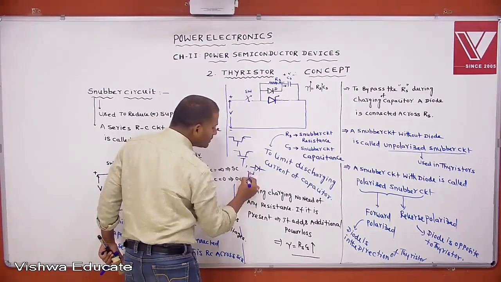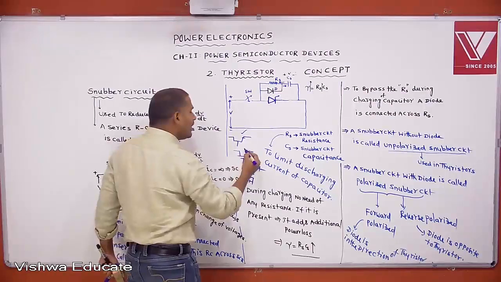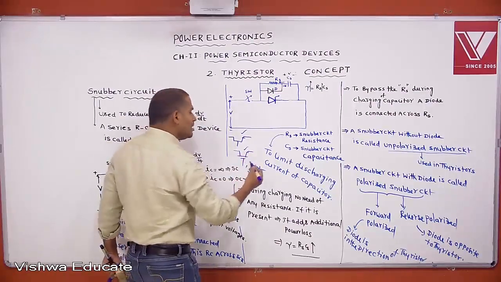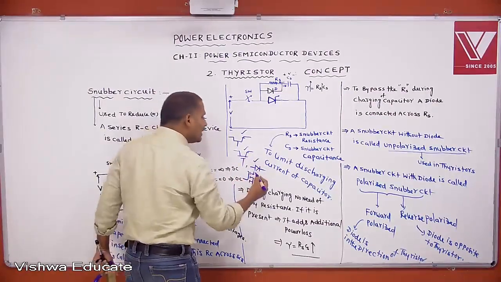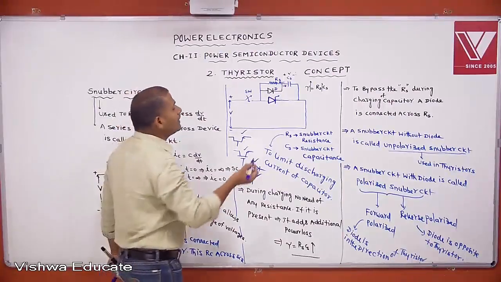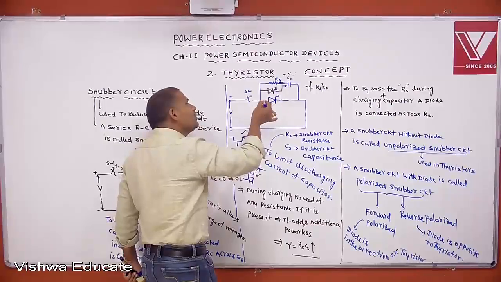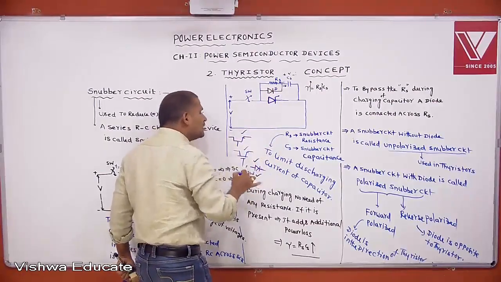That means the device may be a transistor, IGBT, diode, or MOSFET. The snubber circuit is used to protect all devices.